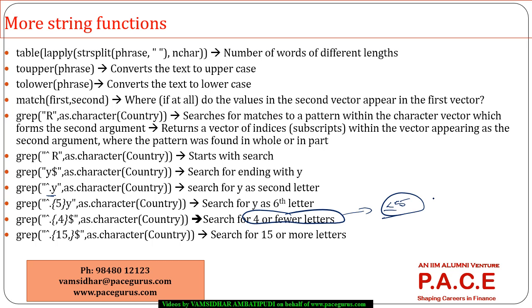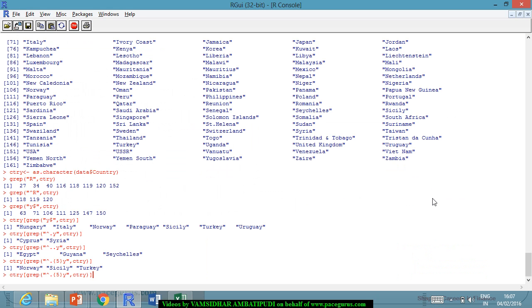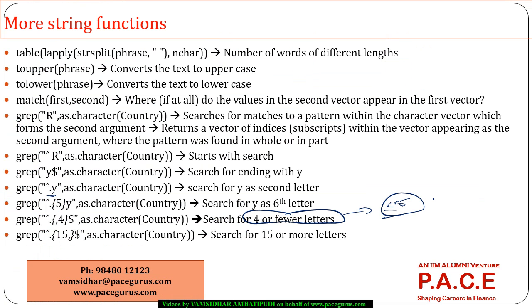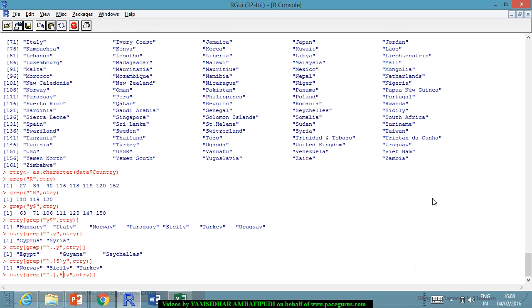So what I simply do is I repeat the same, but here all I am saying is from 0 to 5, and I don't need Y here, I'll say dollar.